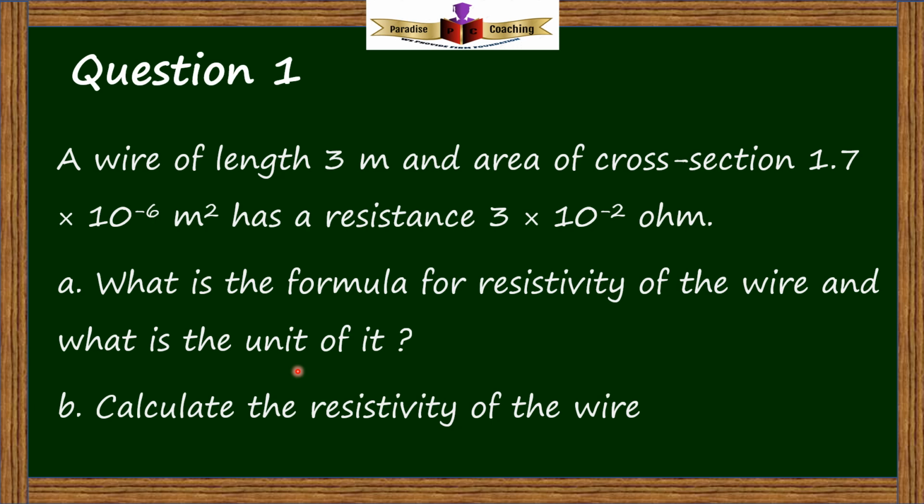Just now we have seen the relation R, that is capital R, is equal to rho L upon A. This relates length, area of cross section, and resistance of the wire to the resistivity. And the unit, of course, we know is the ohm meter. Then: calculate the resistivity of the wire. Let's see how we can solve this problem. The first part is definitely very simple.